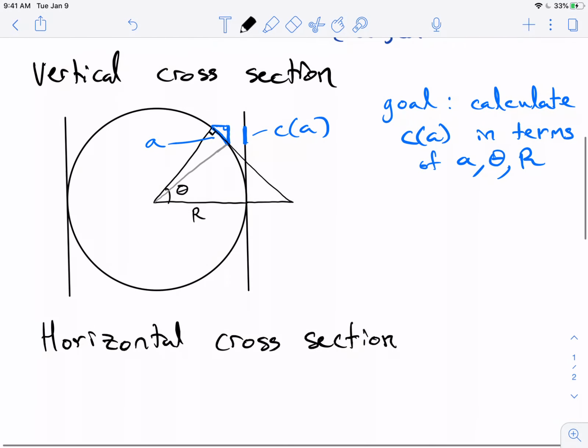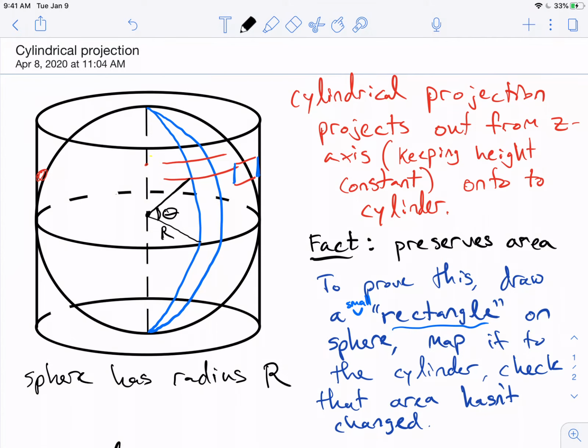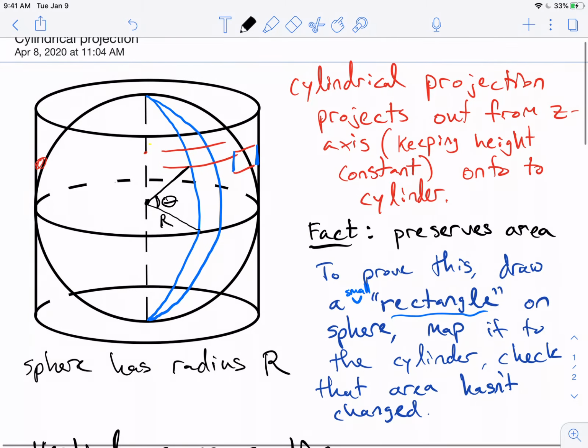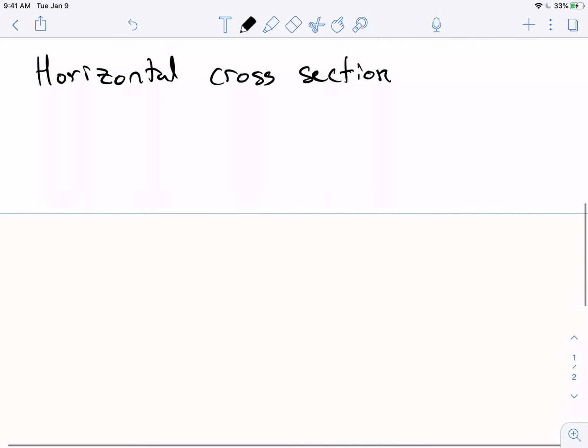The horizontal cross section is going to tell us how the red line distorts under this projection. We're looking at a horizontal slice, so we're looking down from above. I'm going to draw a bird's eye view from above the North Pole.